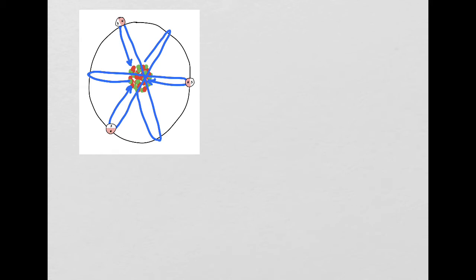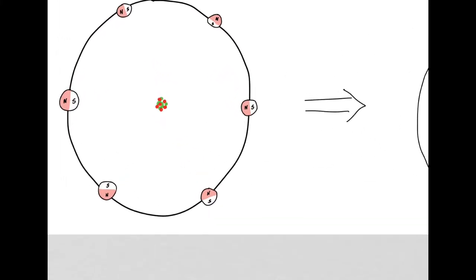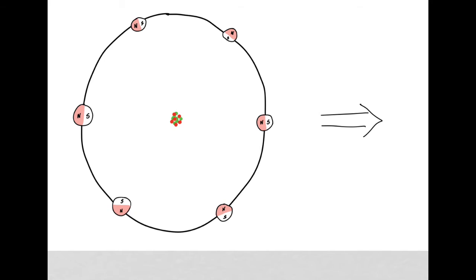In non-magnetic substances, matter, in non-magnetic materials, the magnetic properties of these electrons kind of cancel out. So what I mean by that is if we have all these electrons and they're all their own individual magnets, we have the north pole of this magnet facing that way, the north pole facing this way, this north pole facing that way, all pointing in different directions.